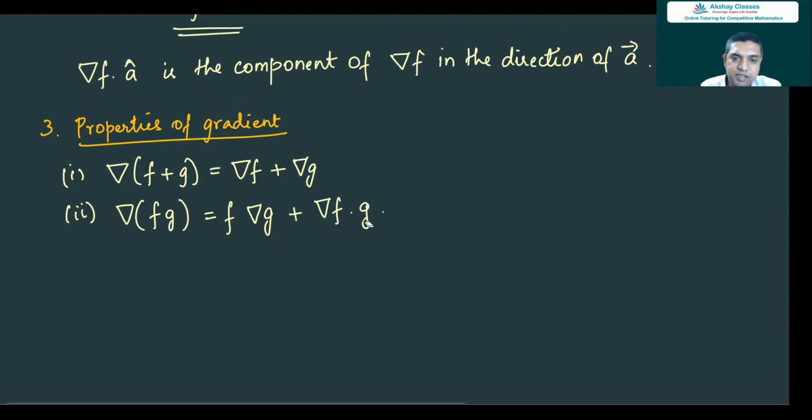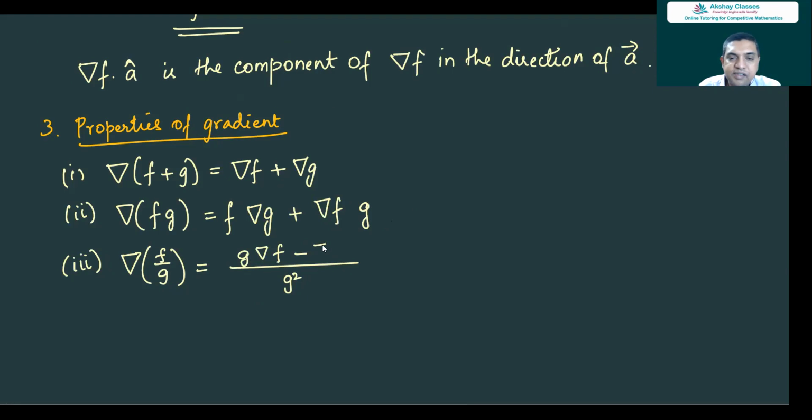It's not a dot, these are scalars. Next, gradient of f upon g is, with denominator g square, g times grad f minus f times grad g.